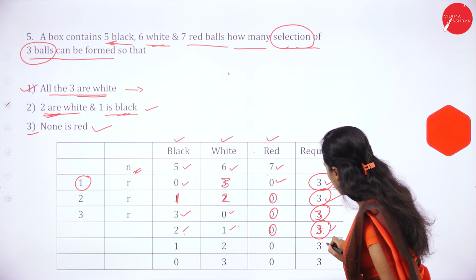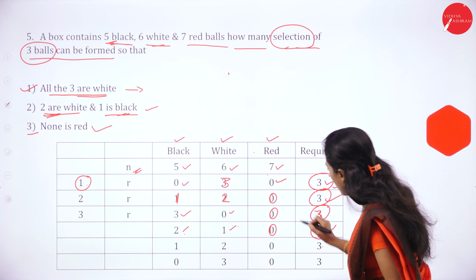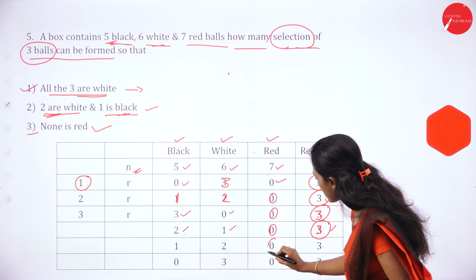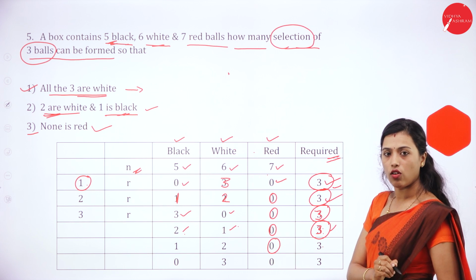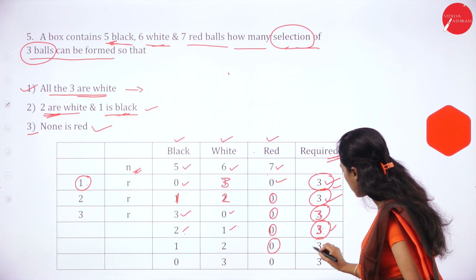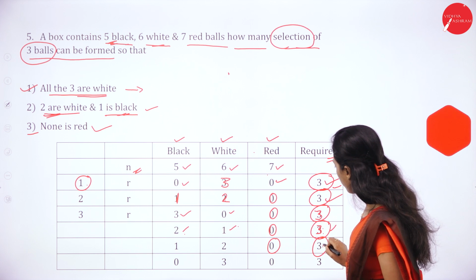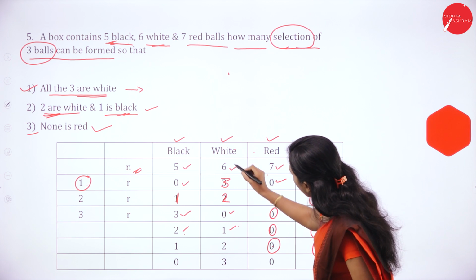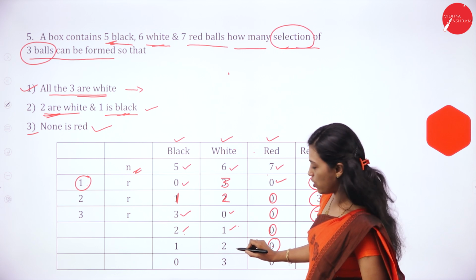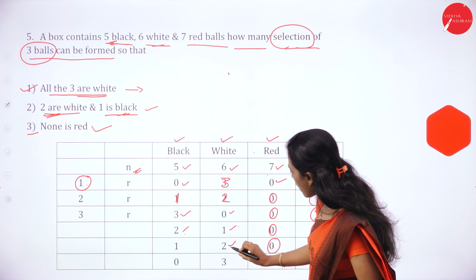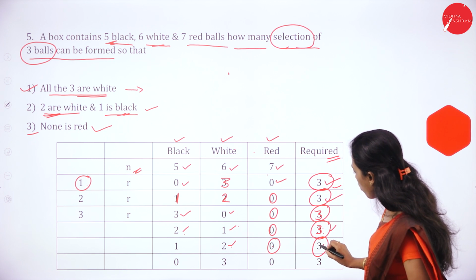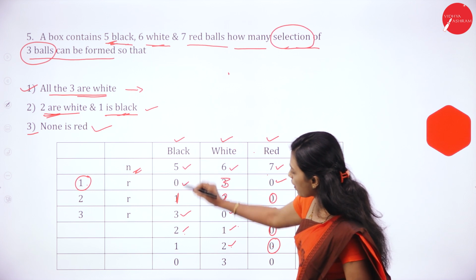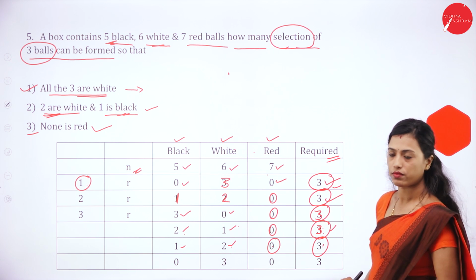Then another way, none is red means 0. So we are going to select again 3 balls only. Out of 3 balls, none is red means 0. We can select 2 white balls. So if we select 2 white balls out of 3 balls, means black will be 1.